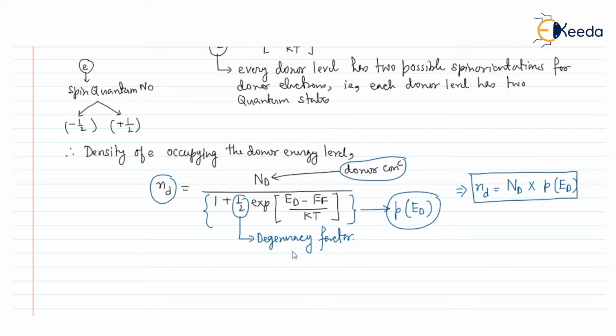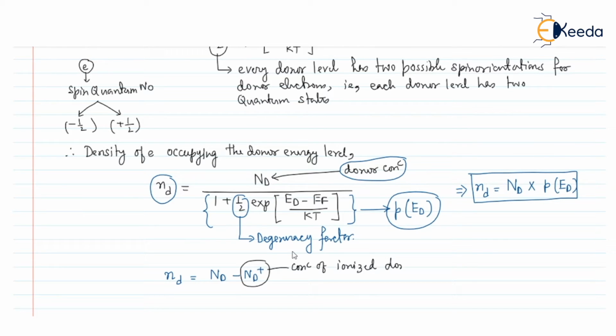Now, we can also write the Nd equation, that is, the density of the electrons in the donor energy level, can be written as Nd, that is the donor concentration, minus Nd plus, where Nd plus is nothing but the concentration of ionized donors.